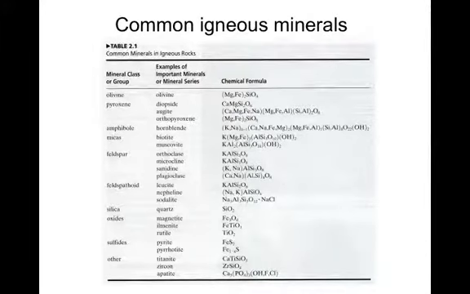The common igneous minerals are the ones that we've already started to look at, and those include olivine, the pyroxenes, both clinopyroxene and orthopyroxene, amphiboles like hornblende, the micas, biotite and muscovite, feldspars, including the potassium feldspars and plagioclase, and quartz.